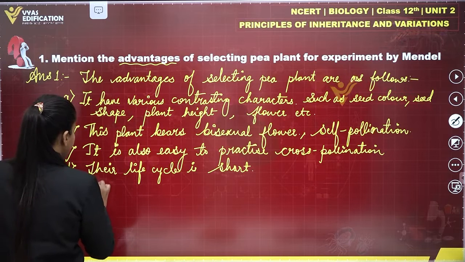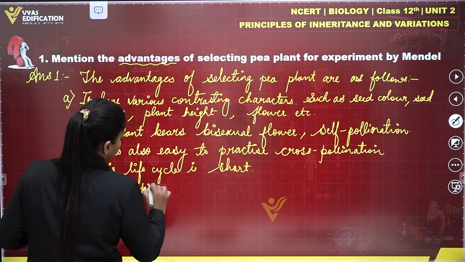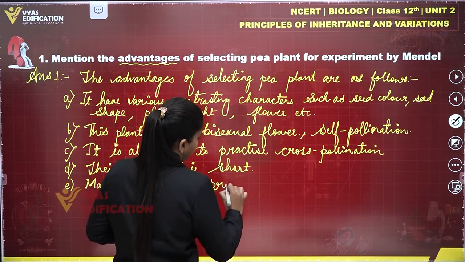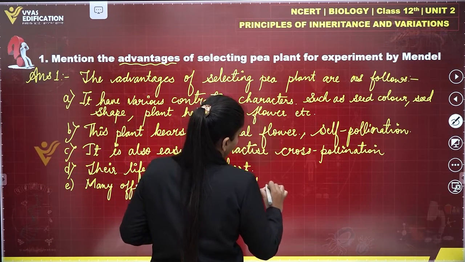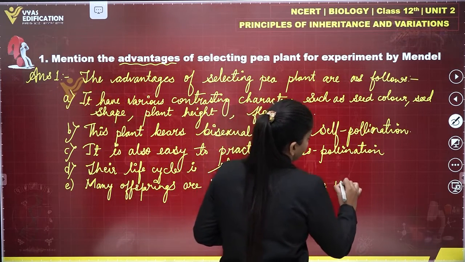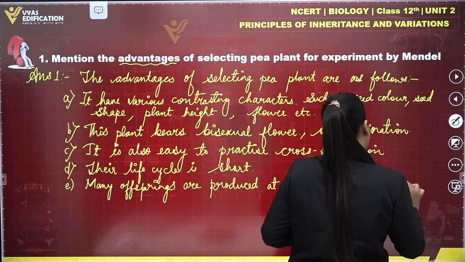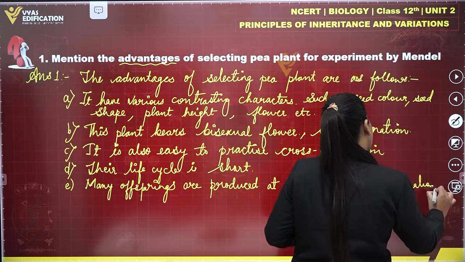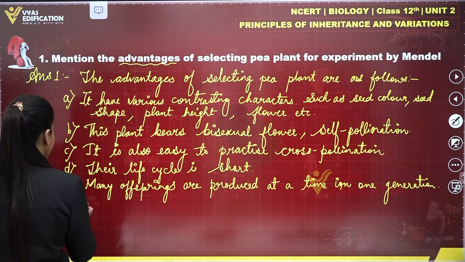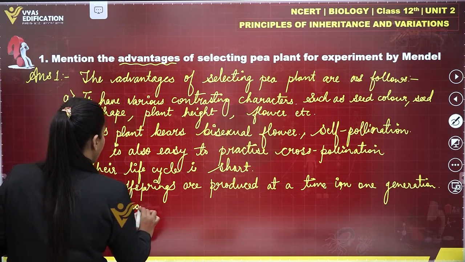Then, many offspring are produced at a time in one generation. So this is also an advantage, that in one generation only it can produce a large number of progeny. And last but not least, it is easy to grow.